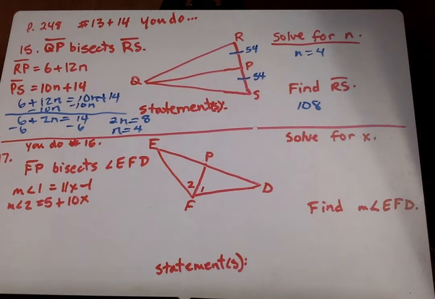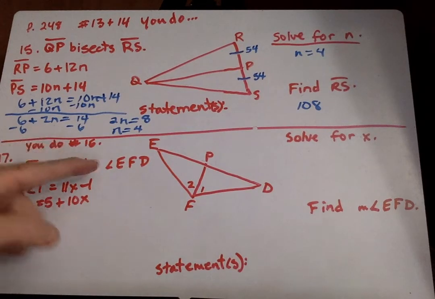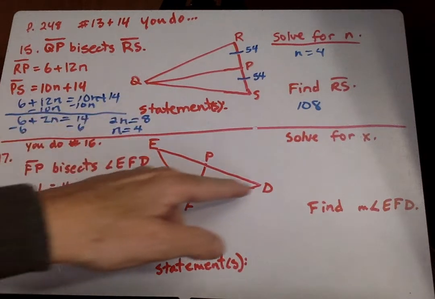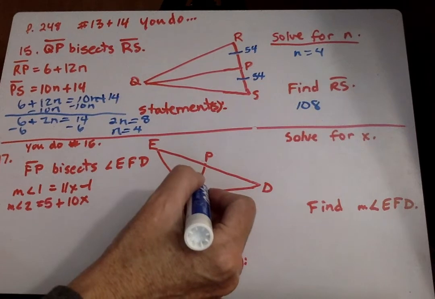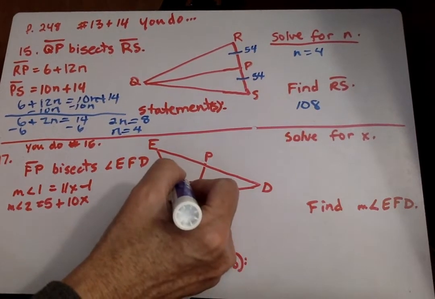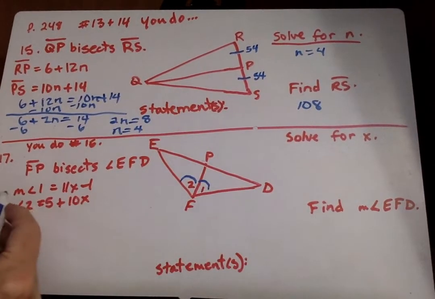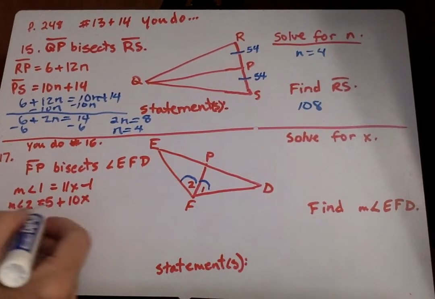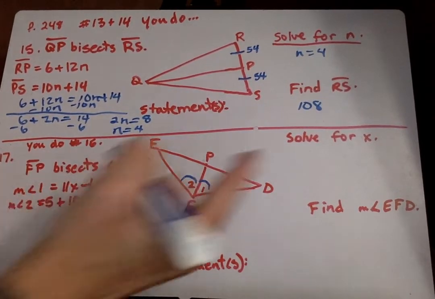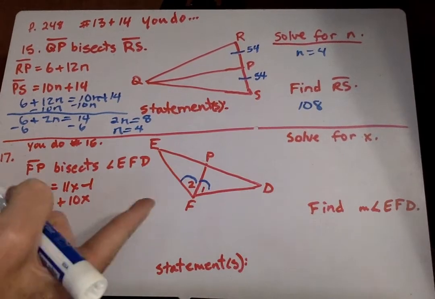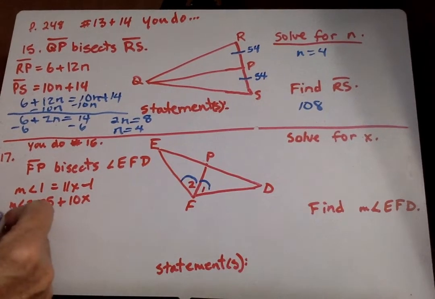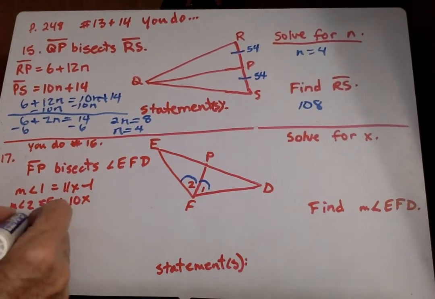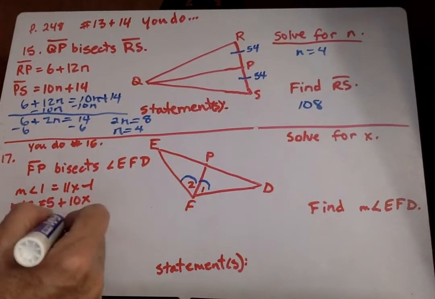Next, we're going to go on to 17. FP bisects EFD. So again, here's your angle, and this one bisects it in half, which means we know that measure of angle 1 and measure of angle 2 are congruent. This is measure of angle 1, this is measure of angle 2. We're going to solve for x, and find out what those measurements are. So we say 11x minus 1 equals 5 plus 10x.